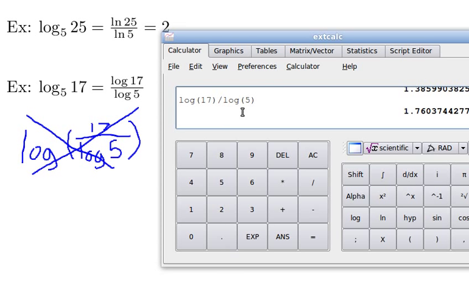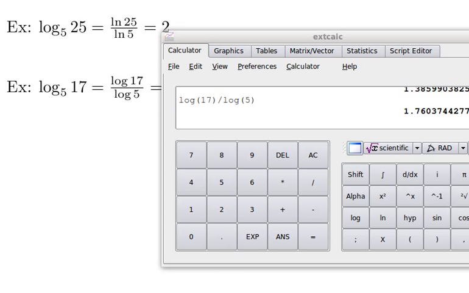One of the hardest parts of these classes is understanding how to use the calculators. But if you do know how to work with it, then it can be so useful. So let's write down that answer. This is equal to 1.76037.